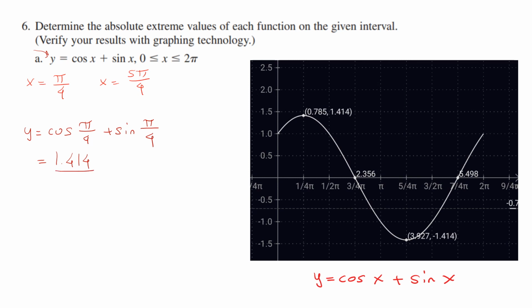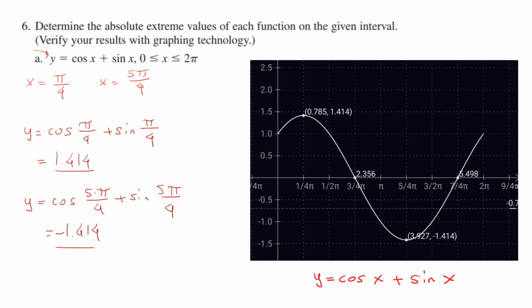So before deciding, I know this looks like my maximum, but make sure you try it for the second one as well. My second one is cos 5 pi over 4 plus sin 5 pi over 4. And there I'm going to end up with negative 1.414.